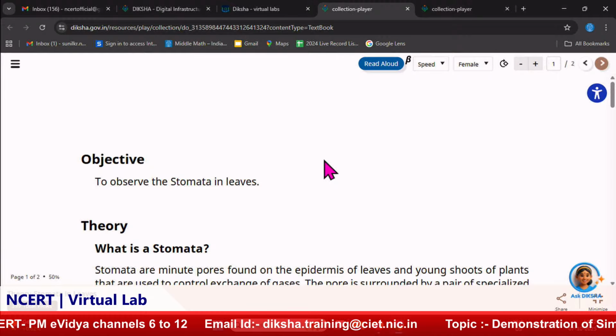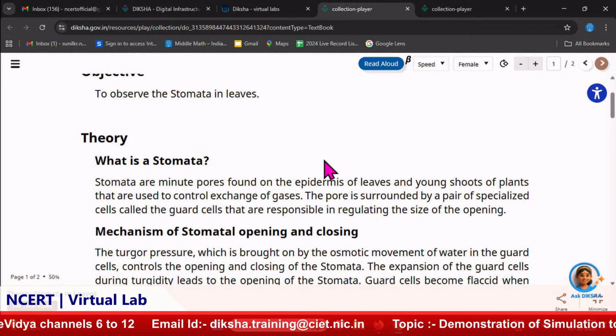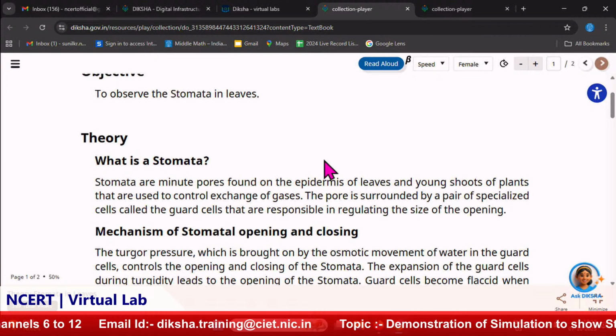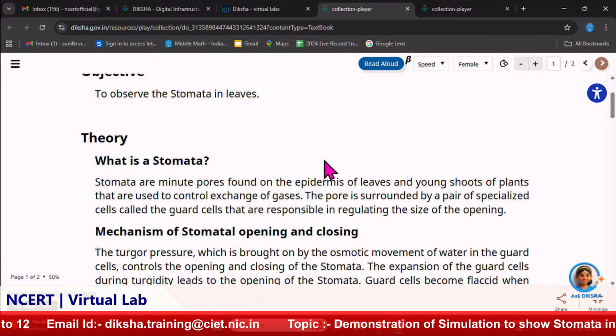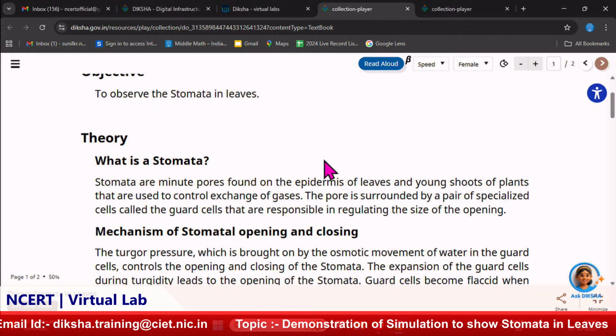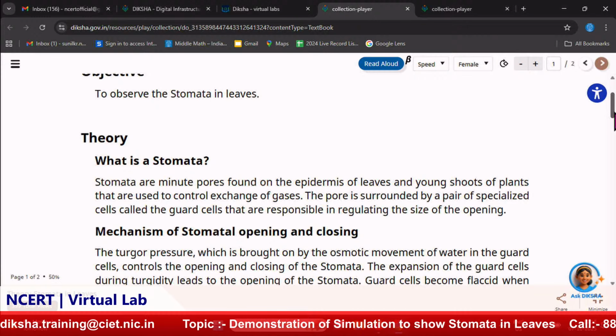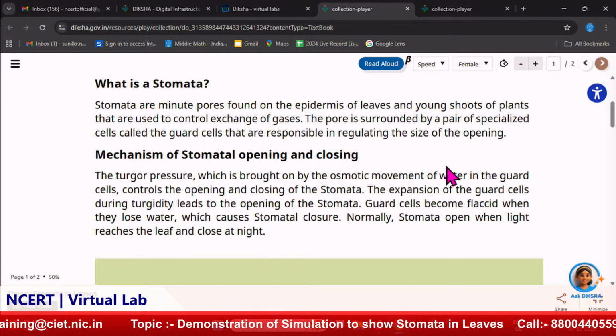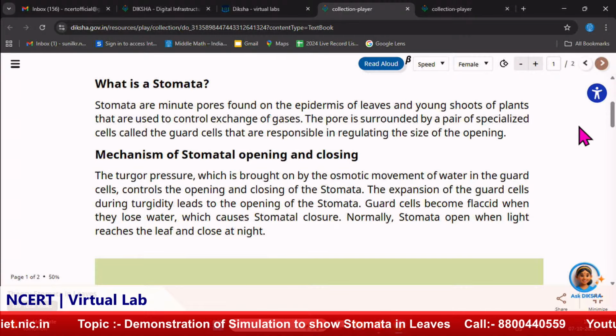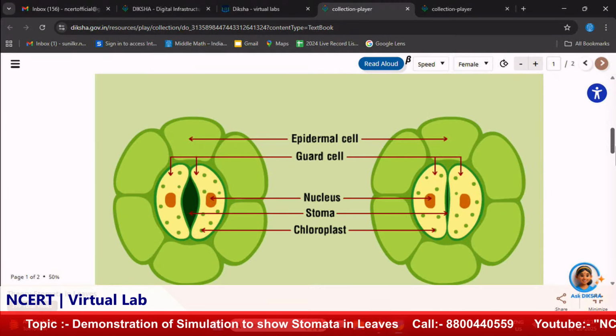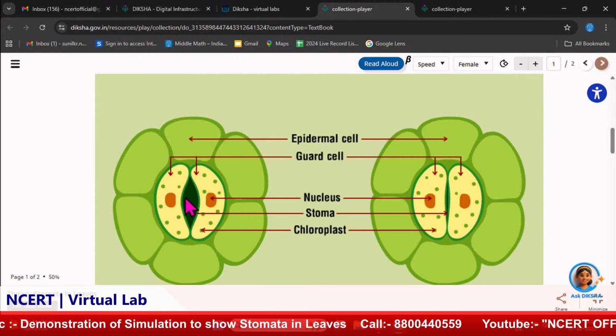Today our experiment is about observing the stomata in a leaf, and stomata are basically minute pores present on the epidermis of the leaf and also on the shoot. Regarding the functioning of stomata, in the diagram you can see this opening.